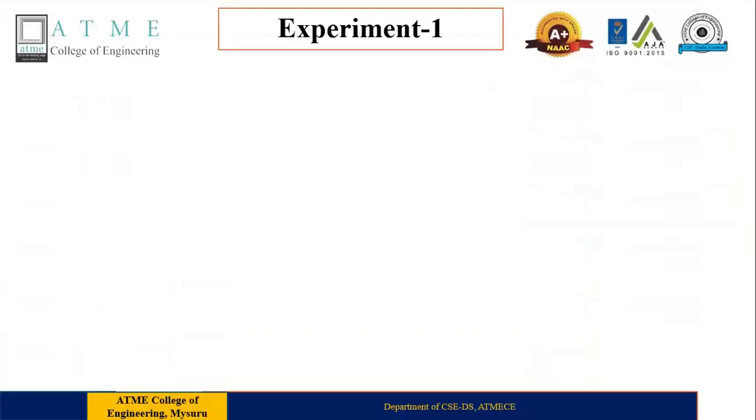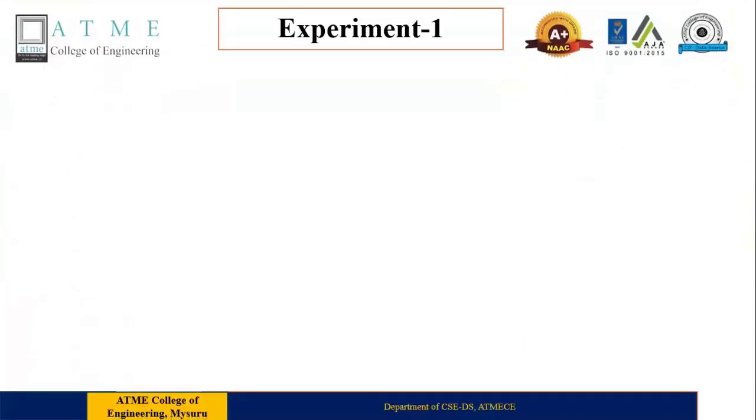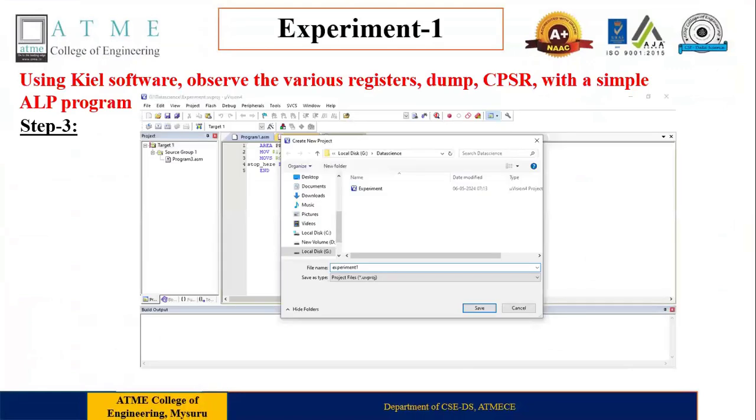After that, click on new project, click on the project, and you will get a tab. In this tab, you need to save the project by giving a file name. Here I have given experiment one and clicked on the save button.